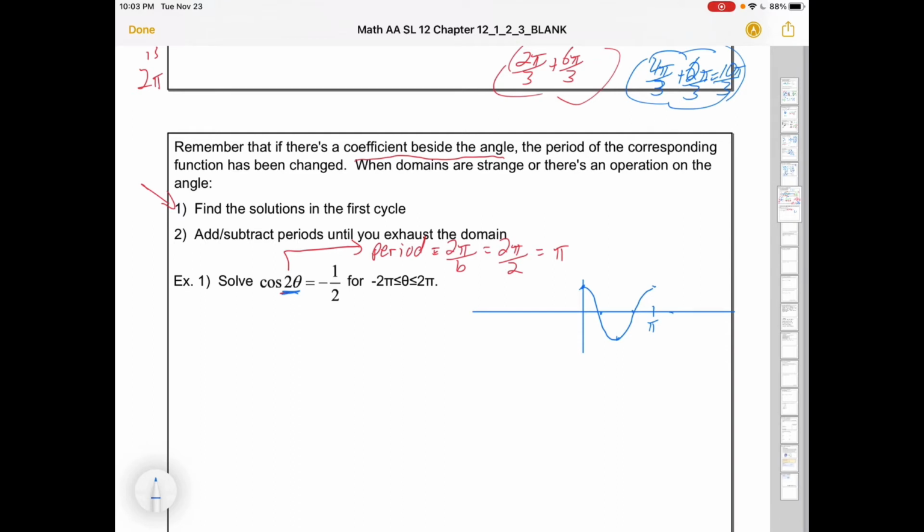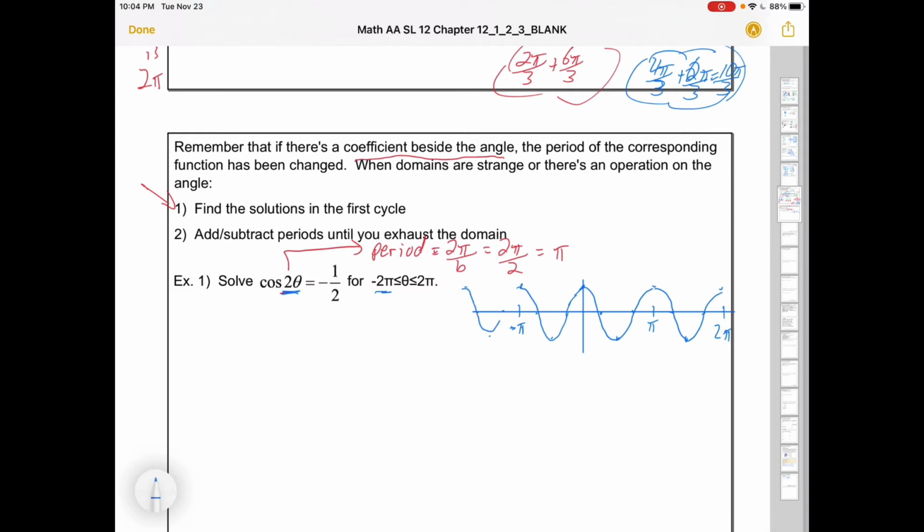So to get us to 2 pi, we'd have another cycle of the graph. But wait, we could also go backwards. Down, bottom, middle, up. That would get us a cycle in the backwards direction. Get us to negative pi. Oh my gosh, but we can go all the way back to negative 2 pi. So that means we're going to have even another cycle.